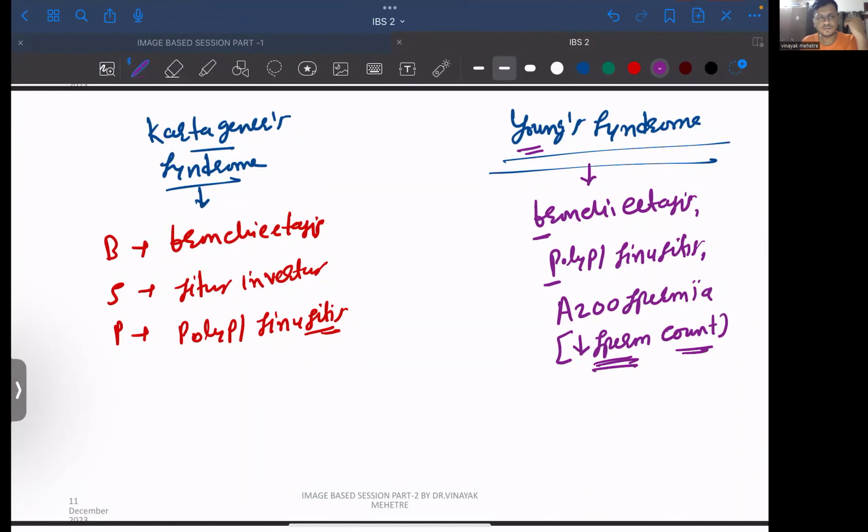So technically there is no infertility. We will take sperm out of the testis and can put it in the ovum directly. So Young syndrome में infertility नहीं होती. In Kartagener syndrome, there is infertility.